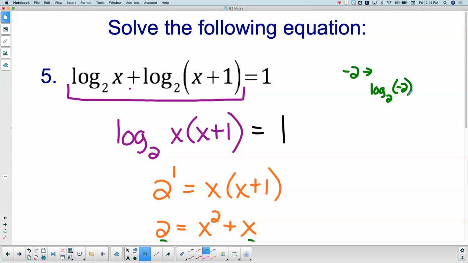What is log base 2 of negative 2? What do you got? It is not 1.